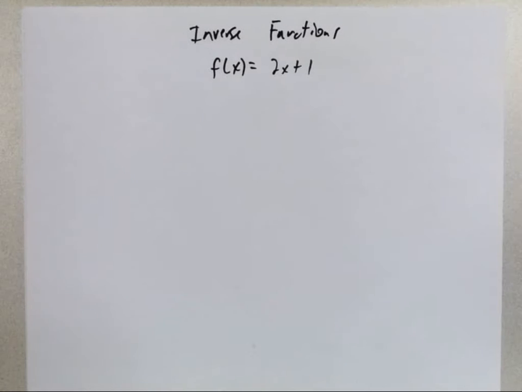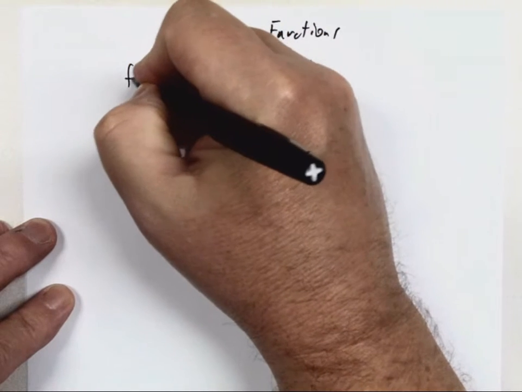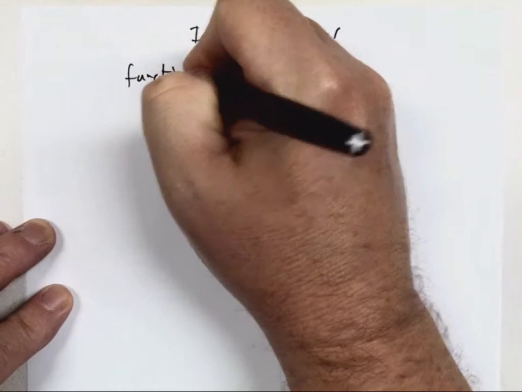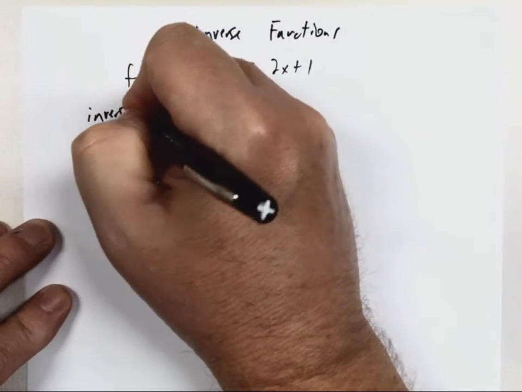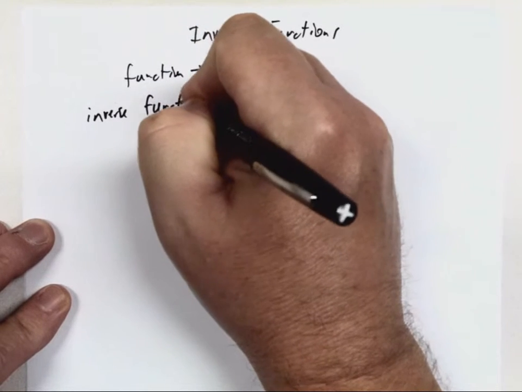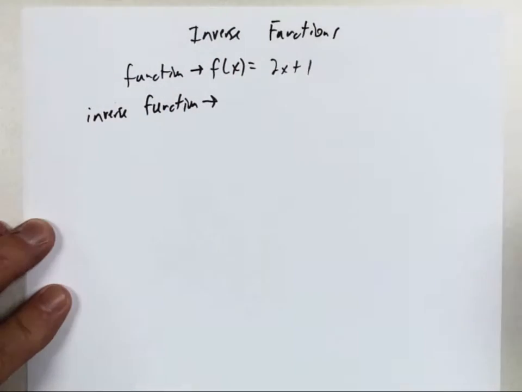If you're given a function, you can determine the inverse of that function, and we call it the inverse function. So this is a function. What I'm going to write in a minute is what we call the inverse function.